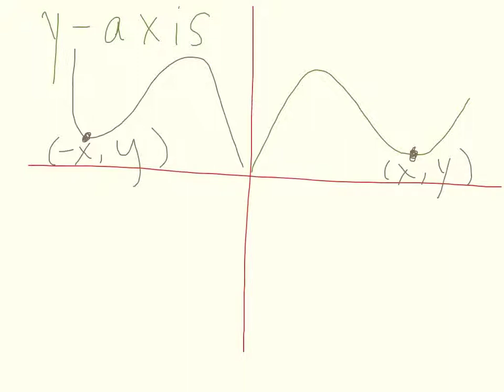Just like before with x-axis symmetry, this point is the same distance to the y-axis as this point is to the y-axis. Same goes with these 2 points. They are, excuse my bad drawing, but they're supposed to be the same distance to the y-axis. This would be your mirror, and you are flipping everything from here over to here.